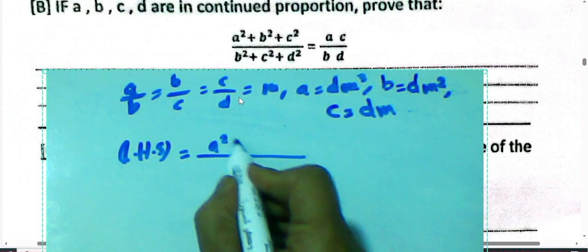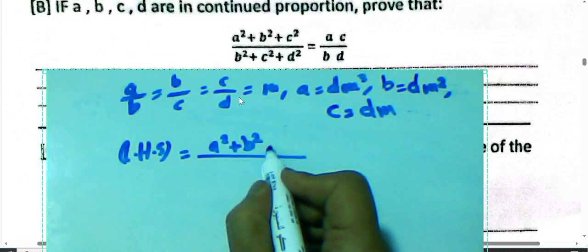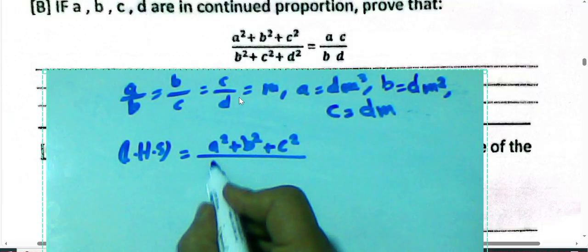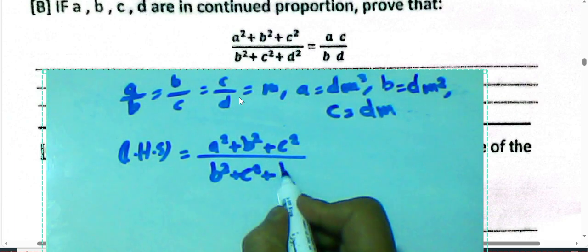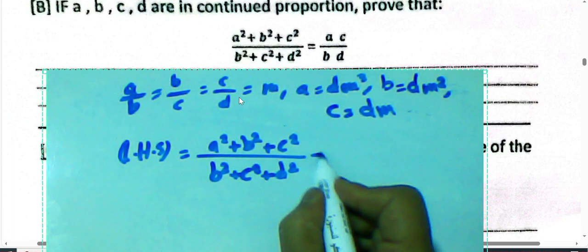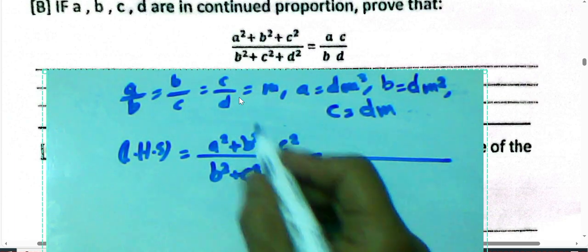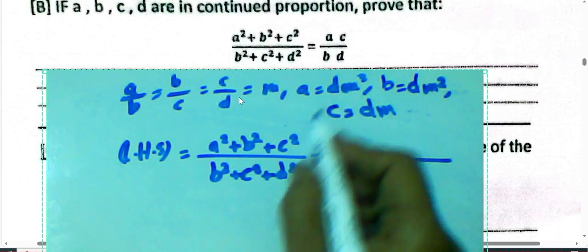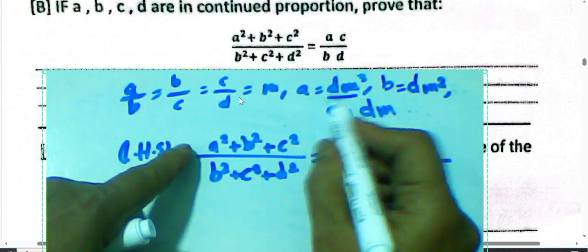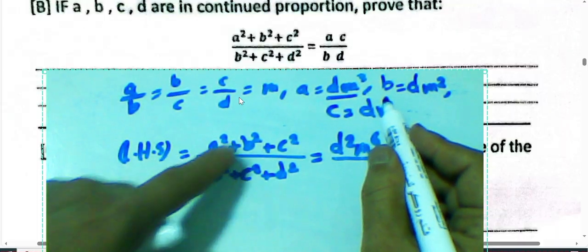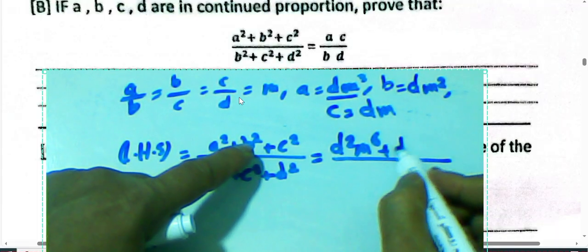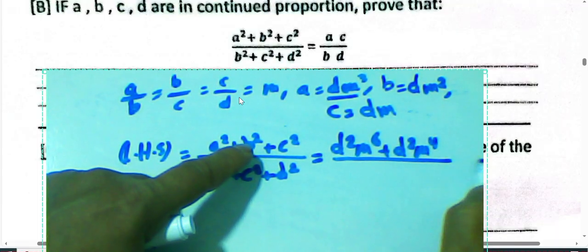A power 2 plus B power 2 plus C power 2 over B power 2 plus C power 2 plus D power 2. A power 2, A equal D M power 3, then we can power this term here. It will be D power 2 M power 6. And then B power 2, B here D M power 2, it will be D power 2 M power 4.